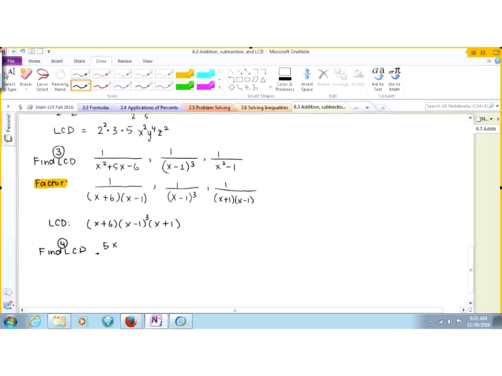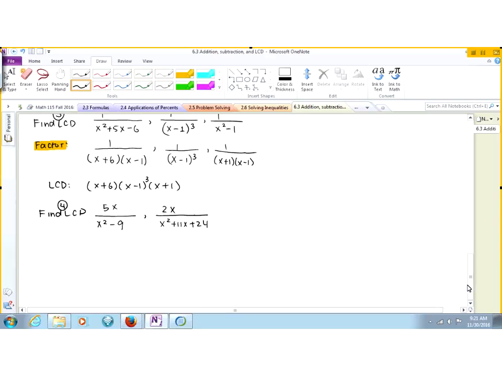Okay, what about this? 5x over x squared minus 9 and 2x over x squared plus 11x plus 24. Can you try it? What do you do? Factor, yes, that's right. So this is your answer.